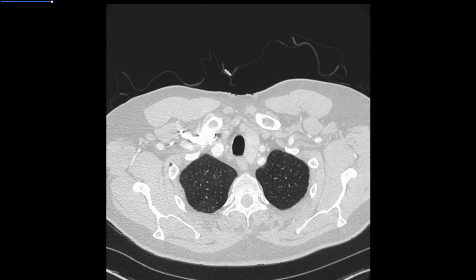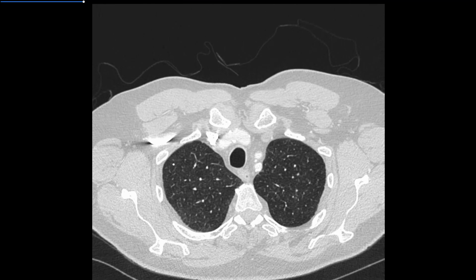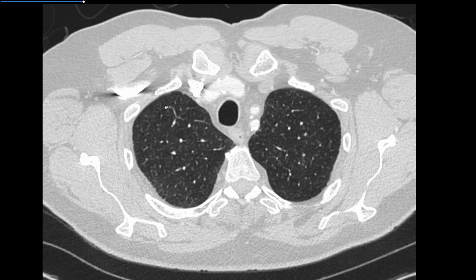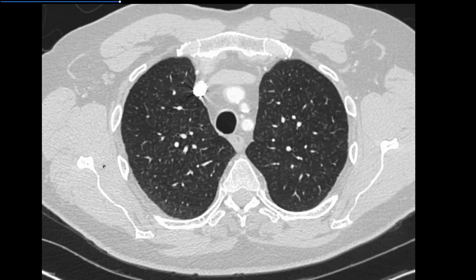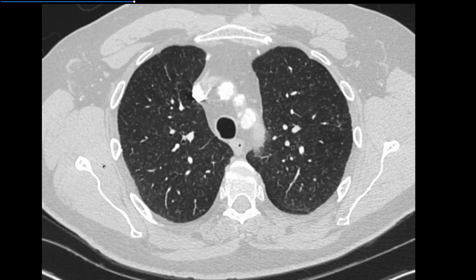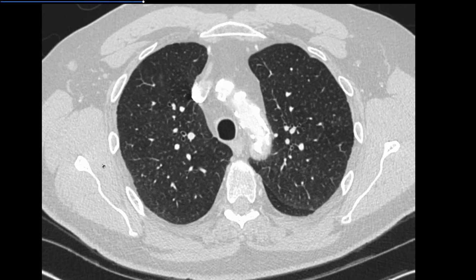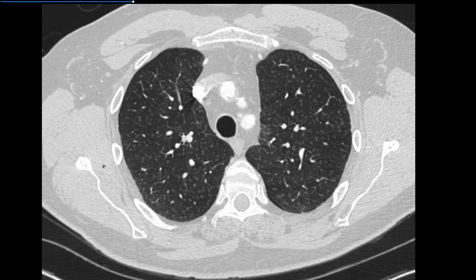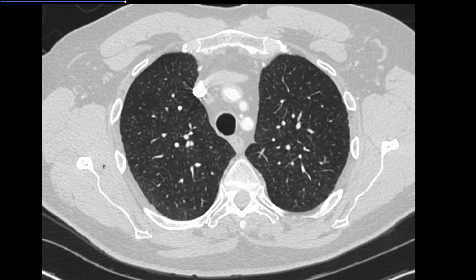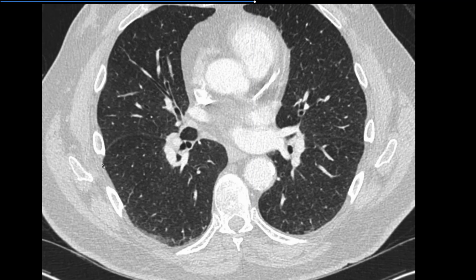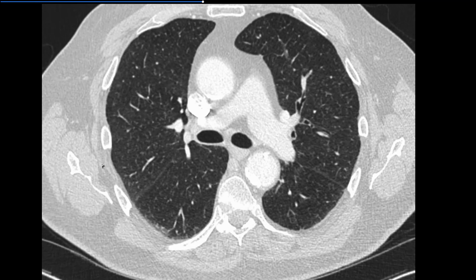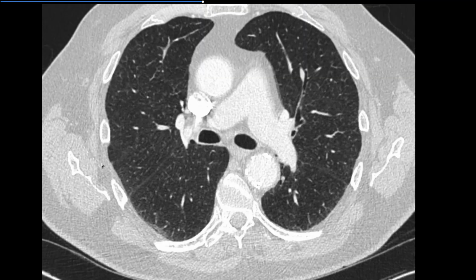So I'll scroll through there, zoom up a bit, and give you a feel for what these nodules look like. I certainly would describe them as centrilobular ground glass attenuating nodules. And usually if I think centrilobular ground glass attenuating nodules, I think of hypersensitivity pneumonitis.